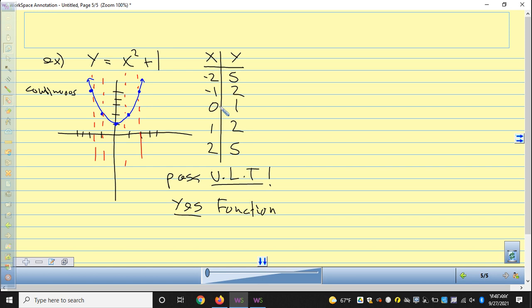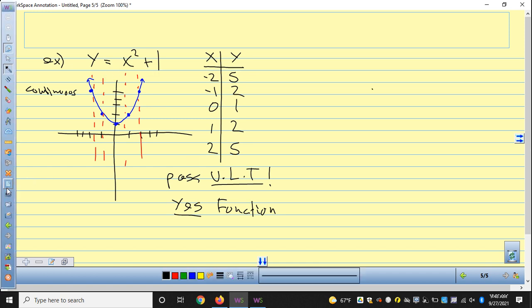All right, so the last section. So we have a function here represented as y equals something. We can also write our function using function notation.